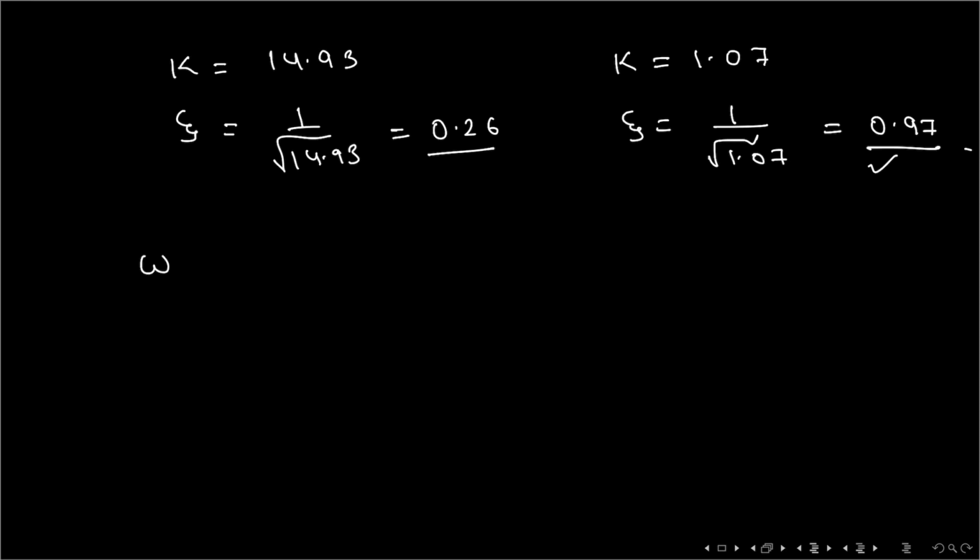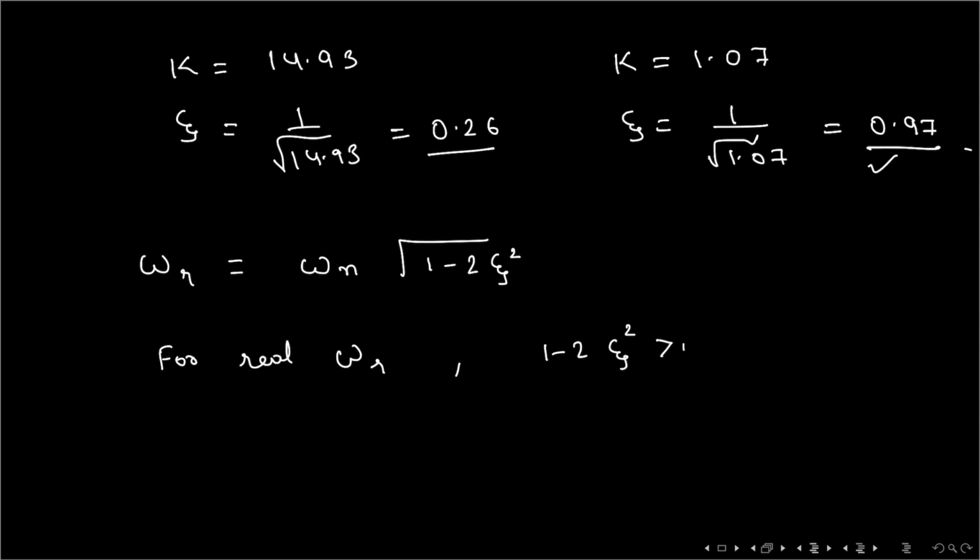We know the resonant frequency is given as ωr = ωn√(1 − 2ζ²). For real ωr, we need 1 − 2ζ² greater than 0, which implies ζ² less than half, which implies ζ less than 1/√2, which is almost equal to 0.707.